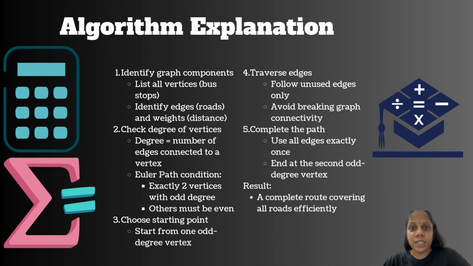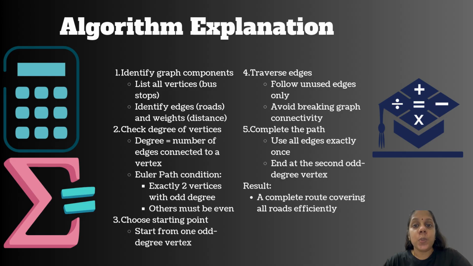Algorithm explanation. Now let's go step by step, like solving the problem together. Step 1. Identify the graph components. We list all bus stop vertices, all road edges, and all distance weights. Step 2. Check vertex degree. Now this is important.